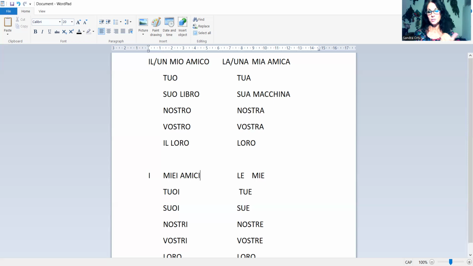So i miei amici, you can think the first thought, masculine plural. However, keep in mind that in this group, we could also have females. So you would use the same. If instead you only have a group of female friends, then we say le mie amiche, my friends, or my girlfriends, as they would say. Probably I think they use this expression in the US.